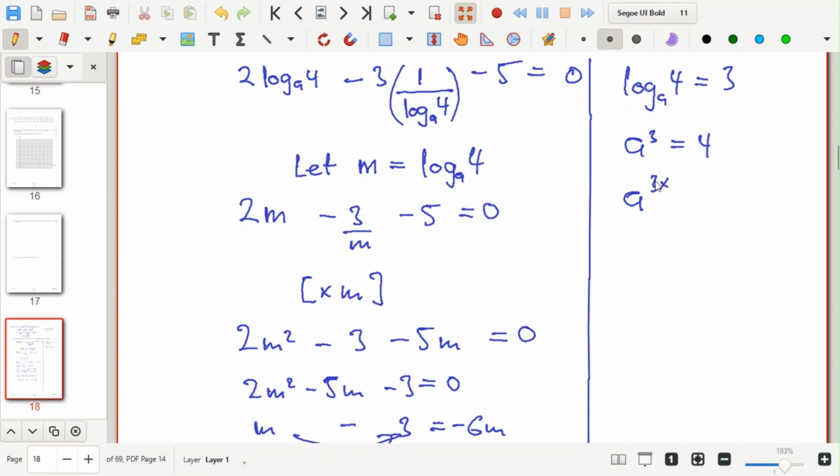If you want to make a the subject, you multiply by the reciprocal of the power. What's the reciprocal of 3? It is what? 1 over 3. You do the same for the right hand side. So do the same as cubic root of 4.